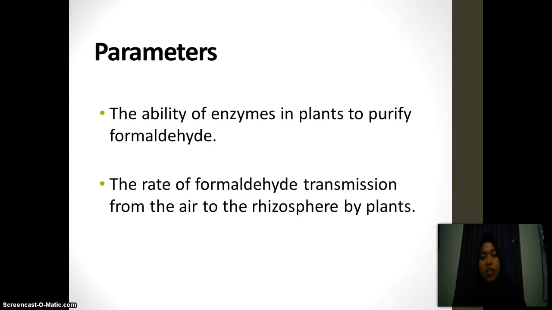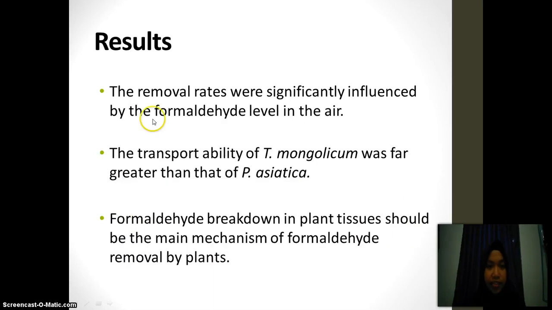Next. The parameters of this research are the ability of enzymes in plants to purify formaldehyde and the rate of formaldehyde transmission from the air to the rhizosphere by plants. Next, the results from the research.